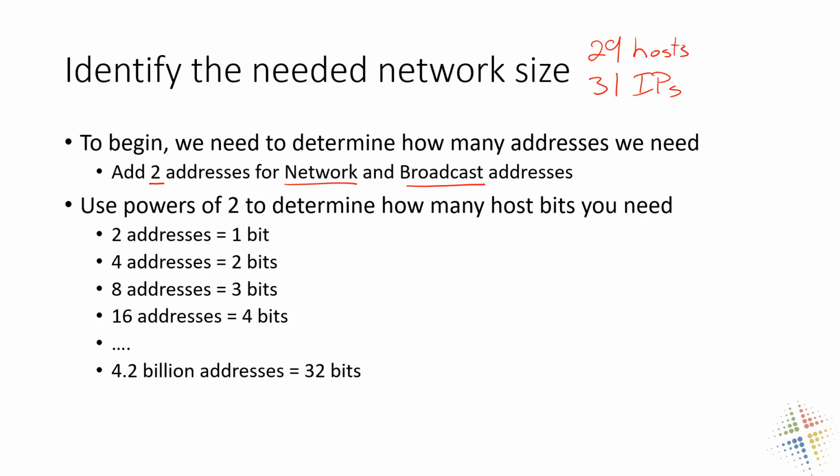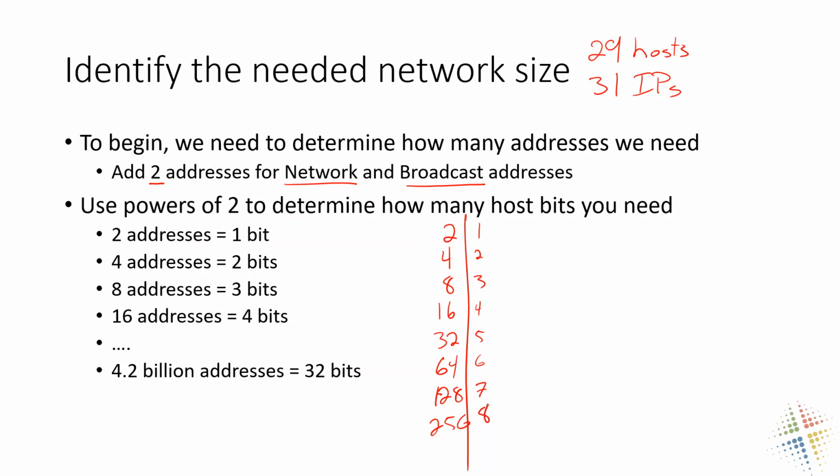So basically what I do is I come up here and I start writing out numbers in powers of 2: 2, 4, 8, 16, 32, 64, 128, 256, and so on. I then number these: 1, 2, 3, 4, 5, 6, 7, and 8.